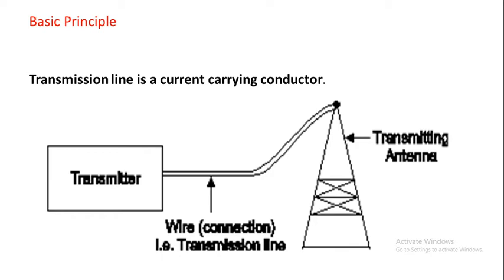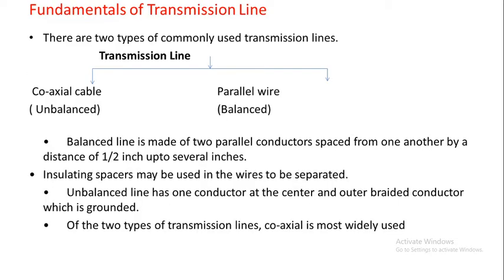Simple. So there are mainly two types of transmission line, unbalanced and balanced. In unbalanced, we can say a coaxial cable. In parallel or balanced wire, we see parallel wires having two conductors separated by a dielectric media.